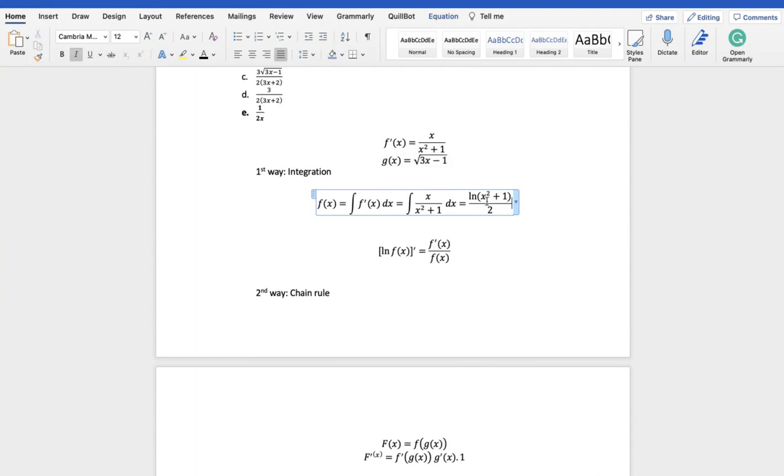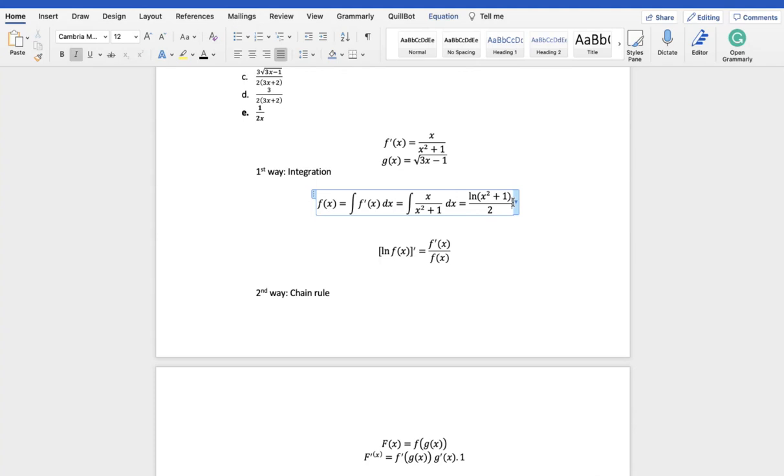And you can quickly see that if you divide by 2, when you take the derivative of the x squared plus 1, you'll get 2x, and then the 2x will just simplify with the 2 there, and then you'll be left with the x that we see in the numerator there. And obviously, when you take the derivative of the plus 1, it will just disappear because the derivative of a constant is equal to 0, right?